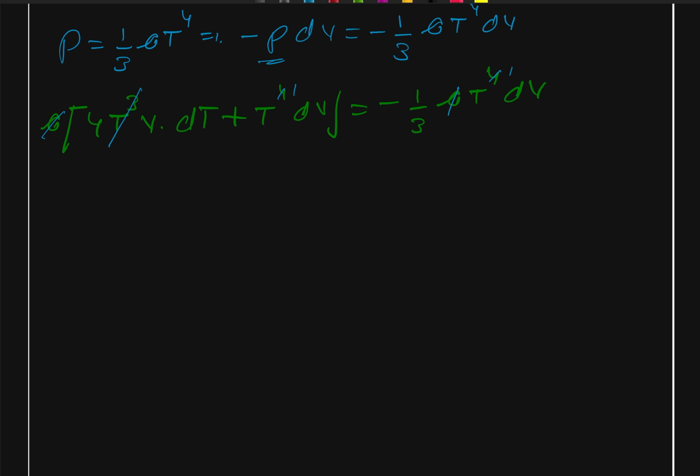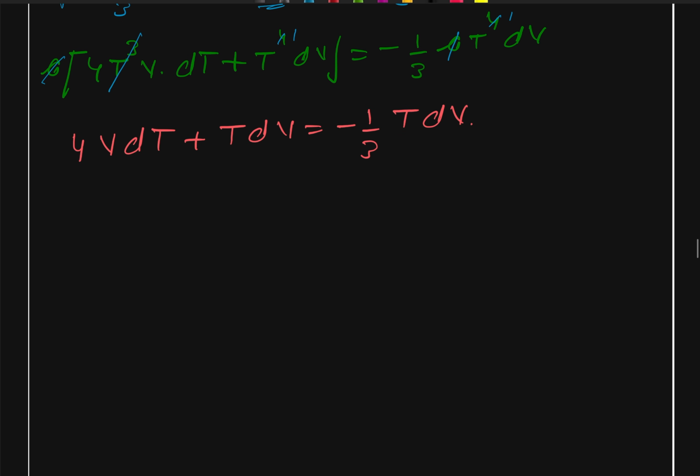So we are left with only 4V dT plus T dV is equal to minus 1 by 3 T dV. And we combine this dV and dV, so we get 4V dT plus 1 plus 1 by 3, which will be 4 by 3 times T dV, is equal to 0.